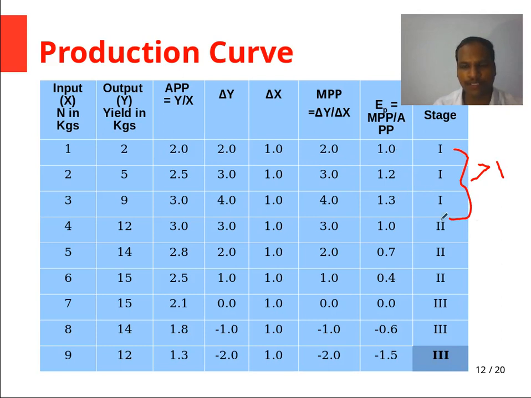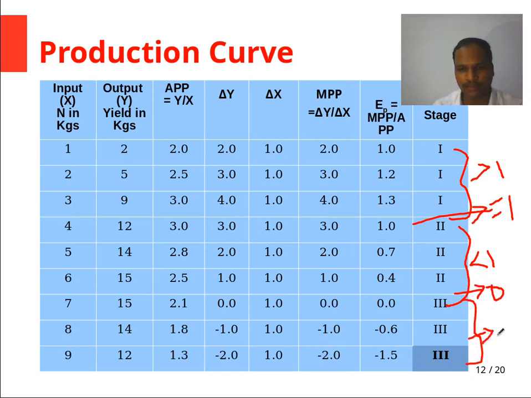At the end of the first stage, elasticity equals 1. And then in the second stage, it is less than 1. And at the end of the second stage, the elasticity is 0. And in the third stage, elasticity becomes negative.